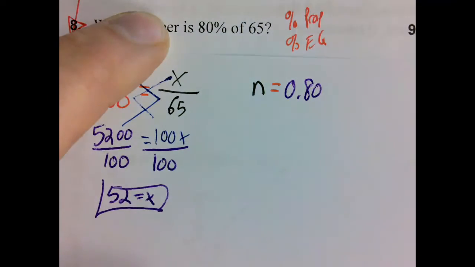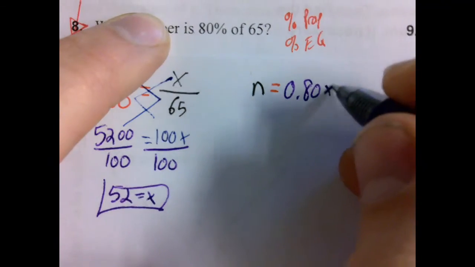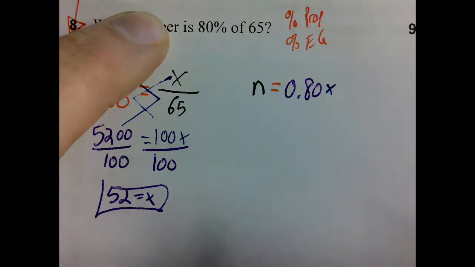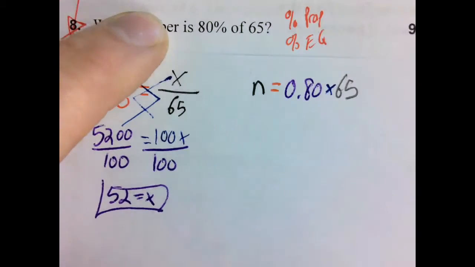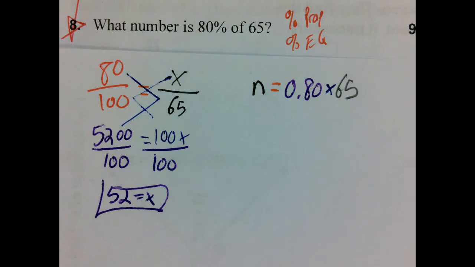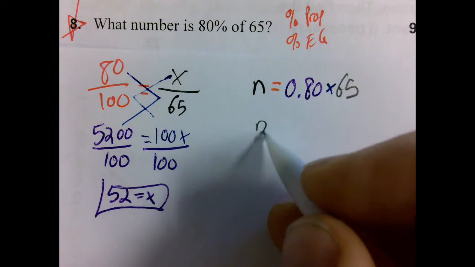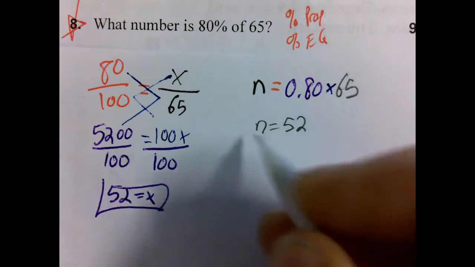The word "of" means to multiply, and then you've got 65. You don't have to write both of these down, whichever method you like, because neatly enough, when you do this math, N also equals 52.